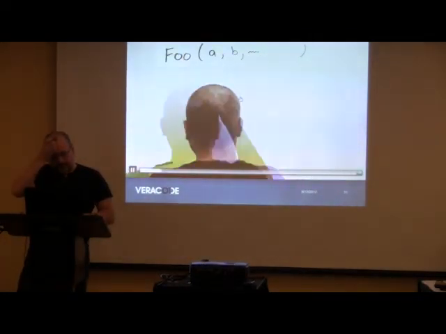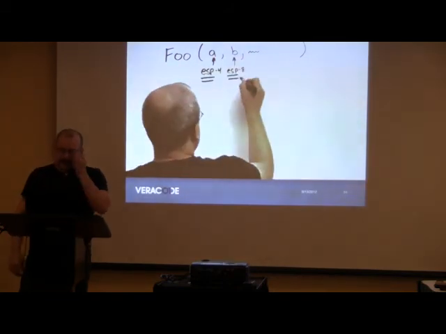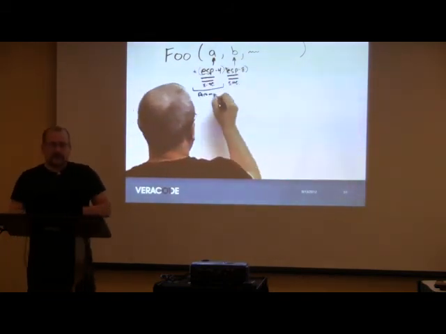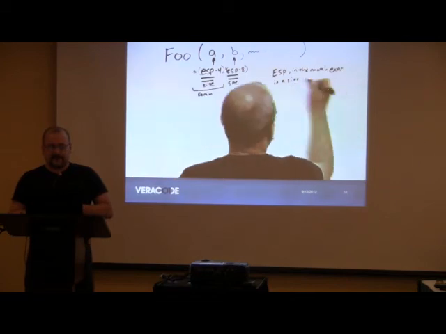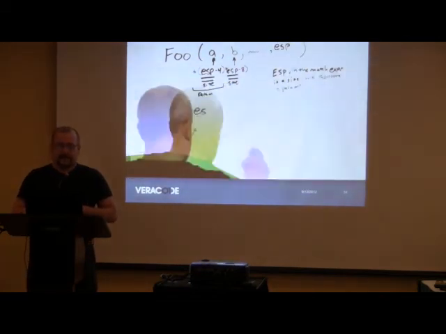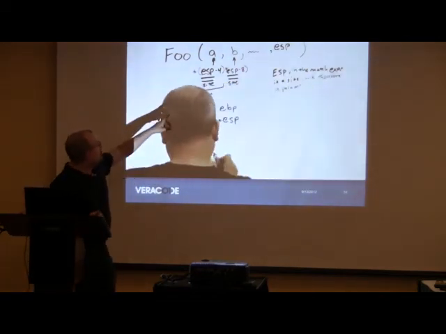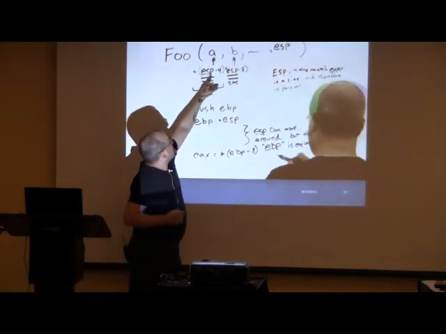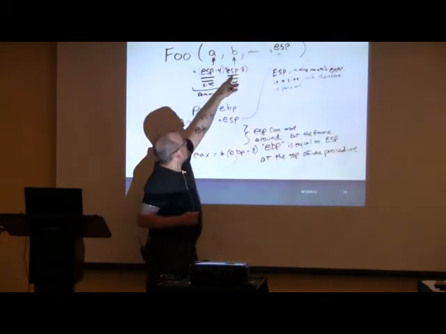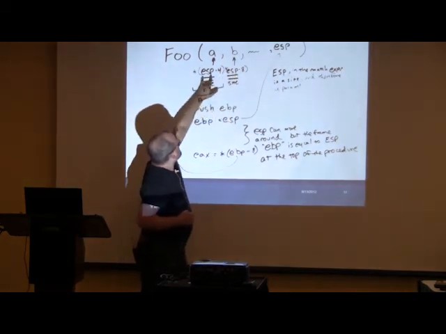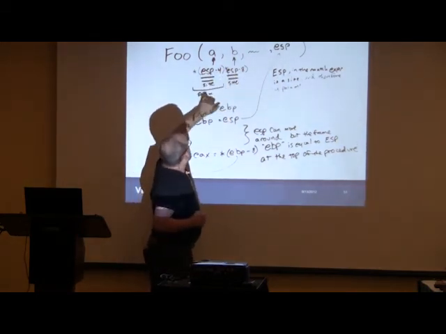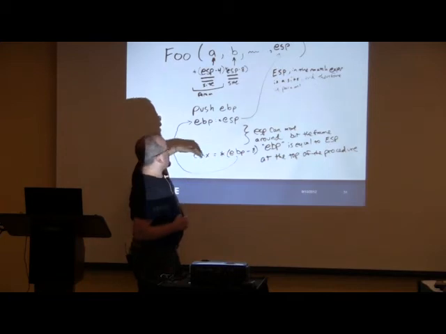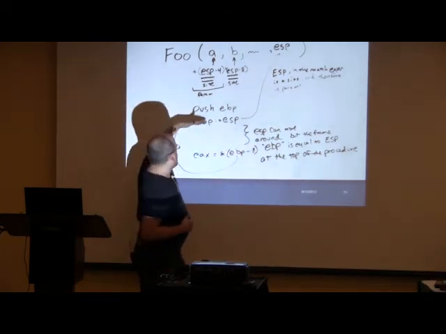So yeah, let's see an example there. But ESP, there are sites for ESP, and you can see here that the sites for parameters to A are things like ESP minus 4 dereferenced, ESP minus 8 dereferenced. There are sites here for ESP. That's a parameter, and the stack can move around.